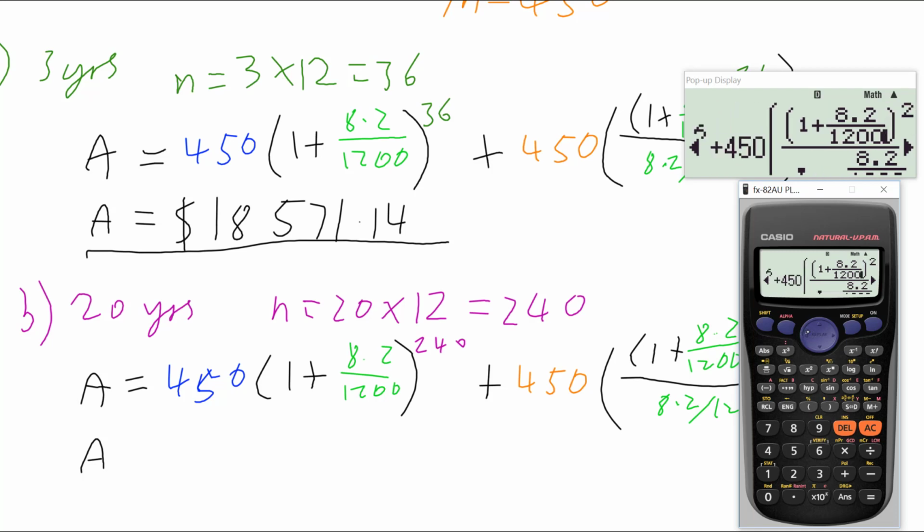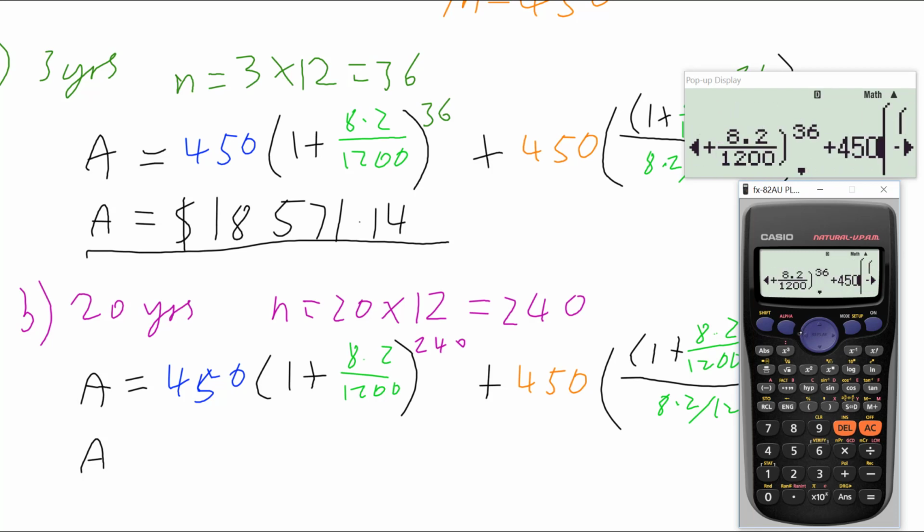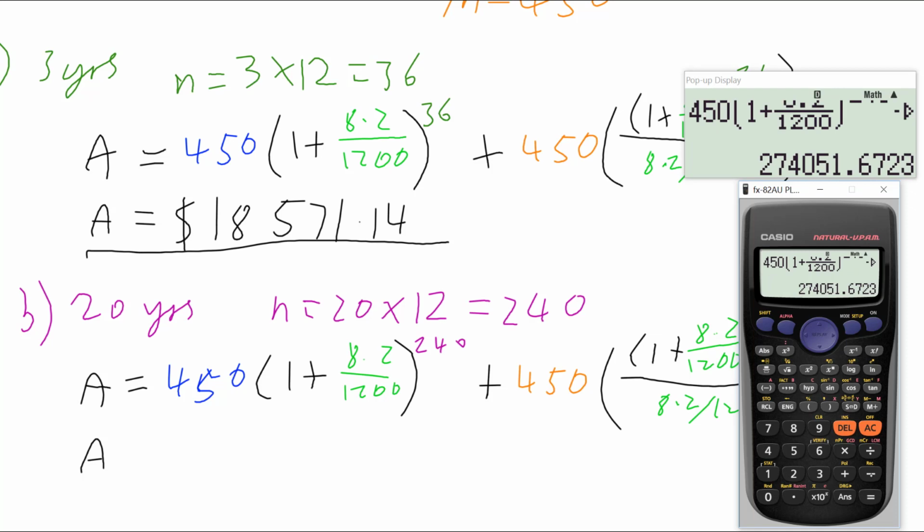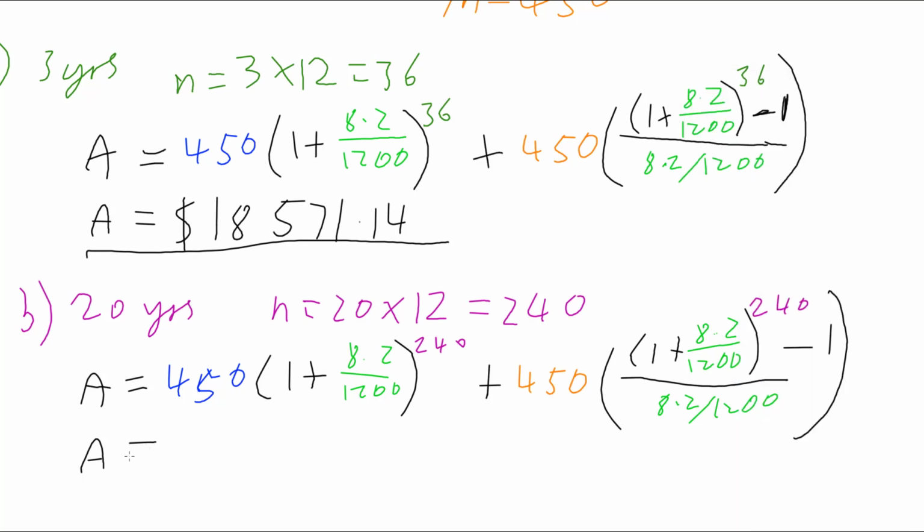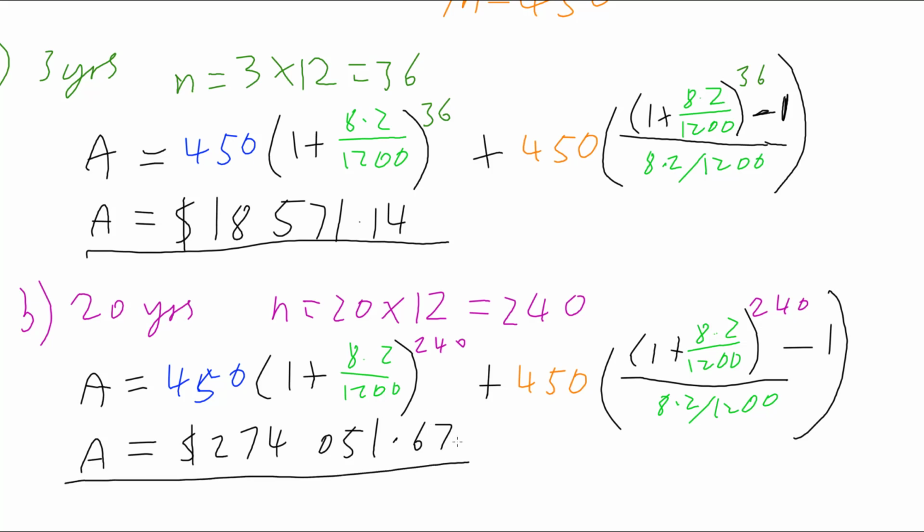And then I've just got to go through to where the other power is, just a little bit further back, delete it, 240, press equals, and we've got our answer. At the end of 20 years, there will be $274,051.67 in the account.